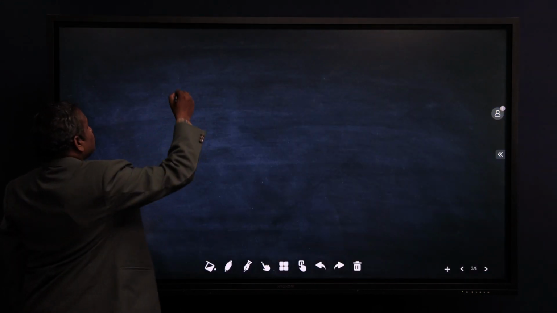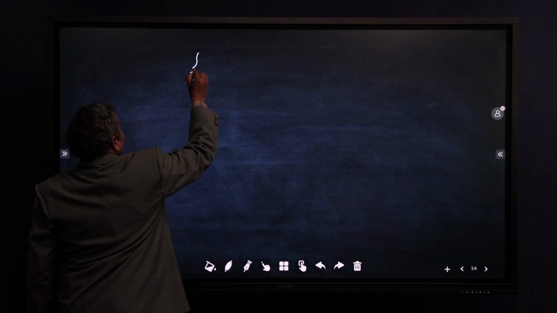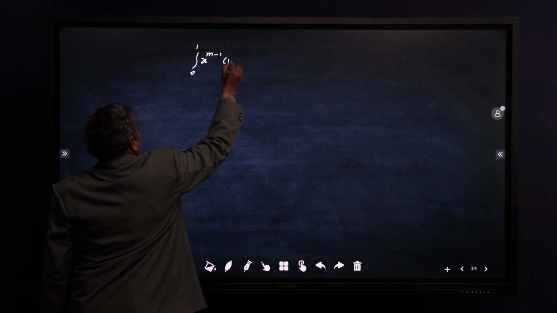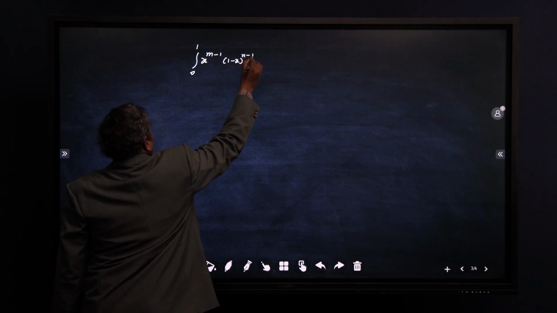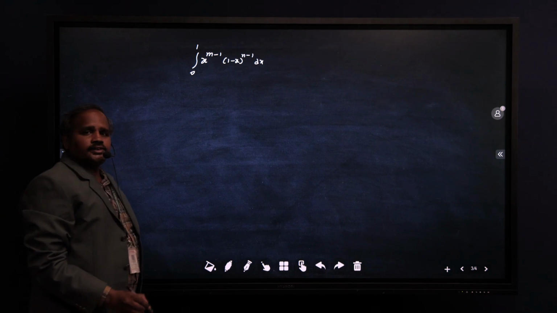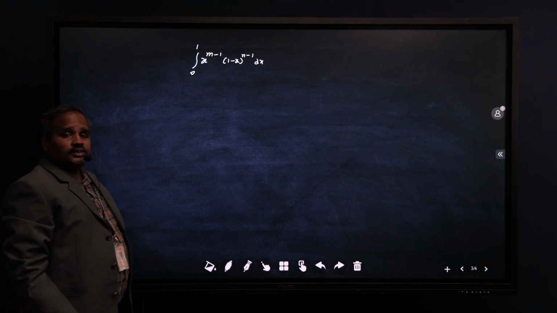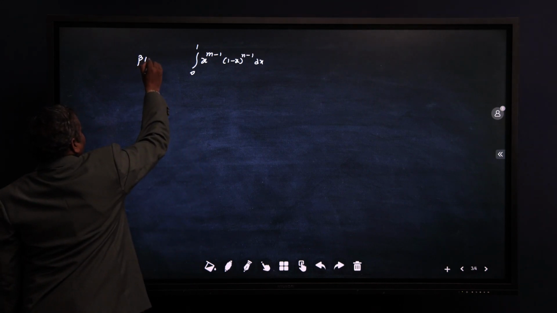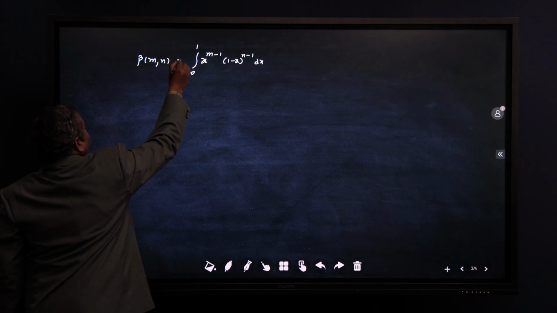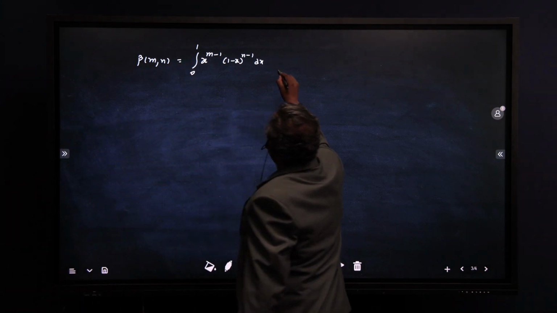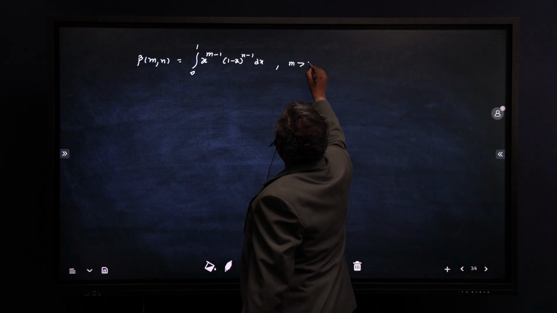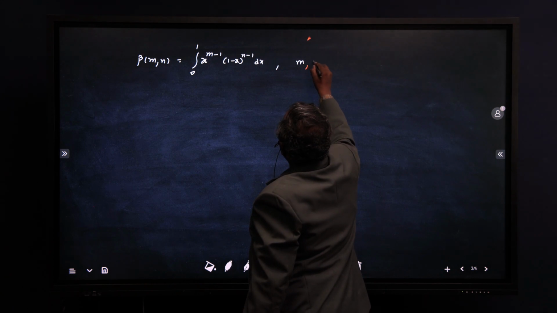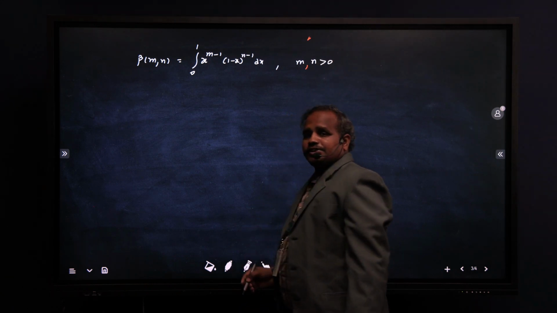The definite integral from 0 to 1 of x power m minus 1 into 1 minus x power n minus 1 dx is called the beta function, and generally it is denoted by beta of m comma n, provided that m comma n are greater than 0.